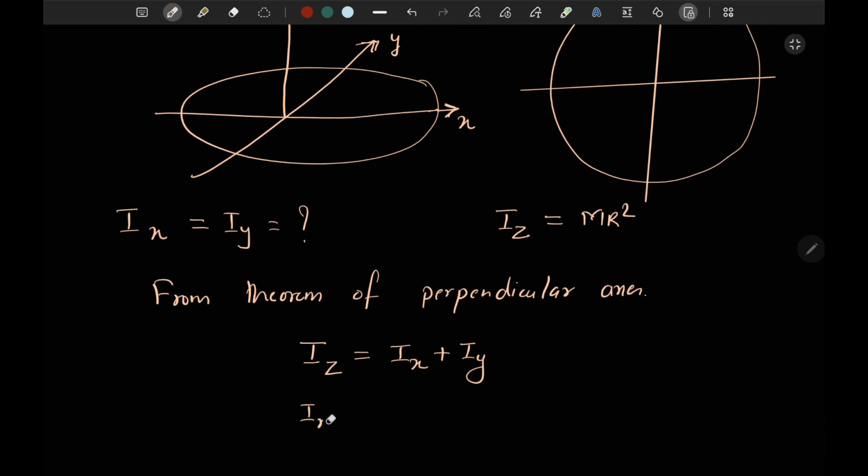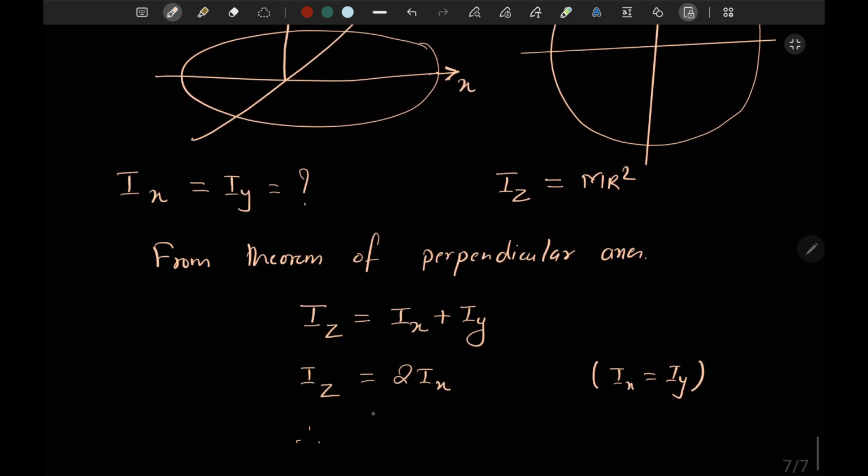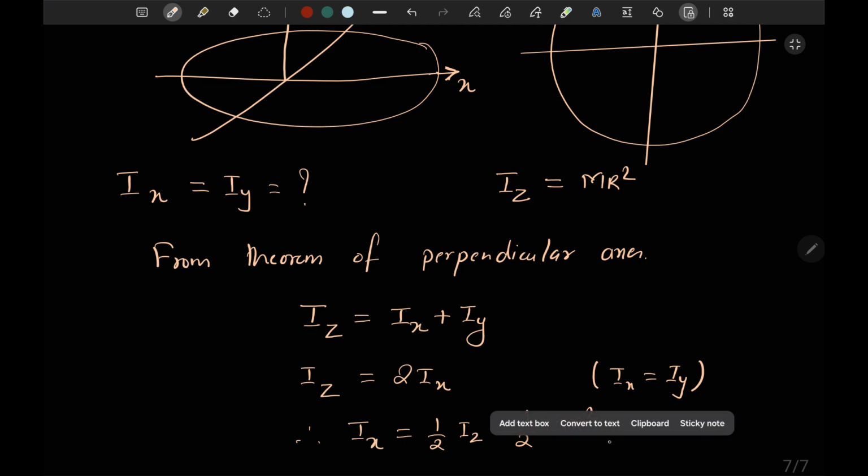Since the moments of inertia along x and y are symmetrical, Ix is equal to Iy. So the moment of inertia along a parallel axis will be equal to half Iz, that is 1 by 2 m r square. This is the moment of inertia of the ring which is rotating about an axis passing through its center and parallel to its plane.